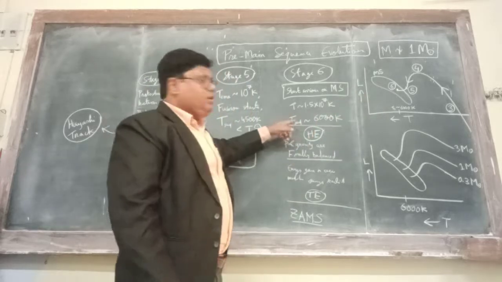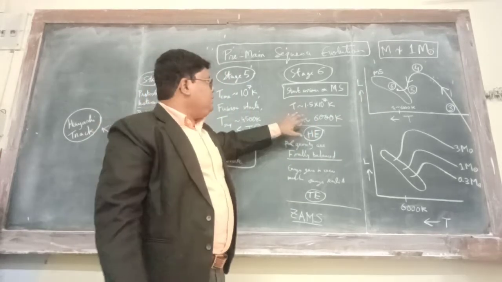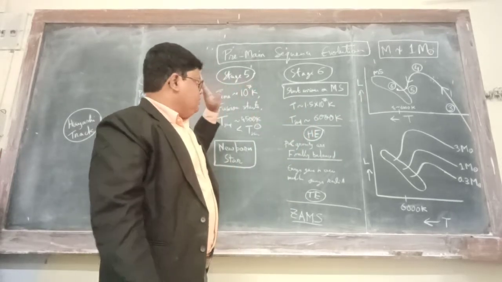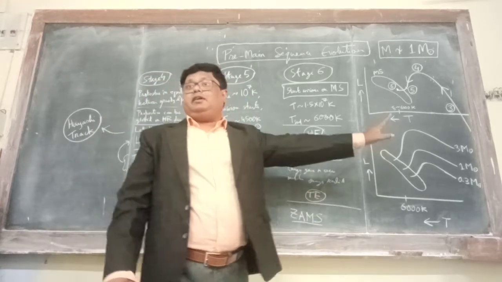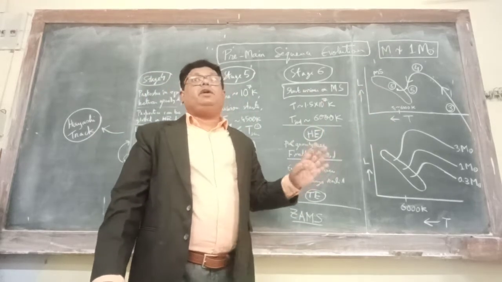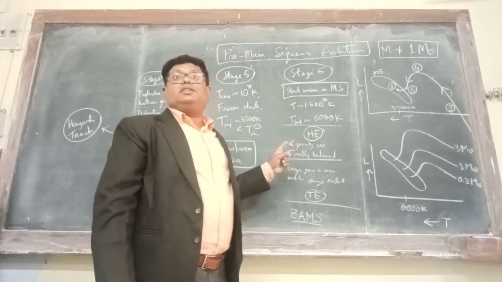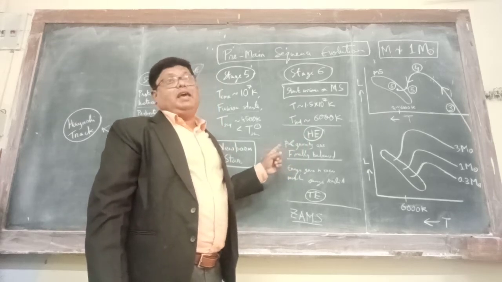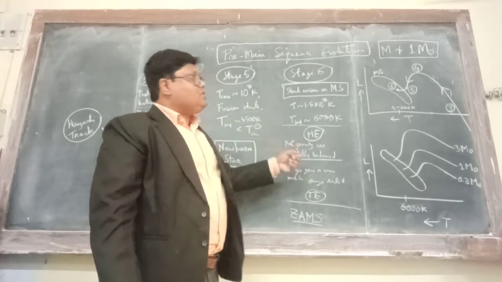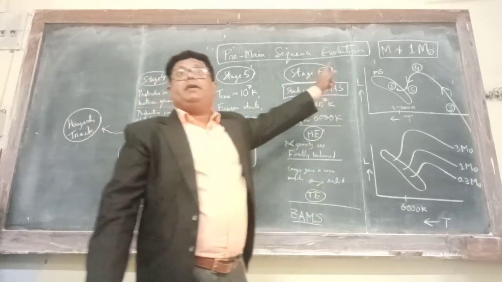Okay? And now we have 6000 degree Kelvin as the surface temperature. Good. And finally, the thing we have been waiting for, hydrostatic equilibrium is established. And now we can say that the star has arrived on the main sequence.